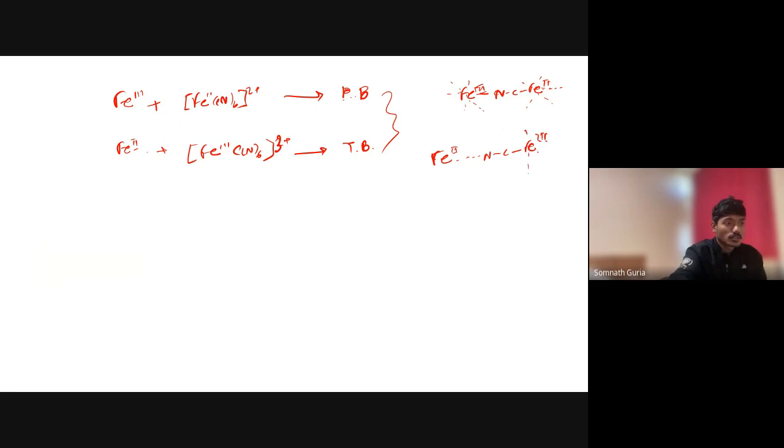Okay, and all the rest of the thing will remain the same. Now one electron transfer happens from this iron 2 to iron 3, and it will give you the same complex, and this phenomenon has been recorded by the Mossbauer spectrum.